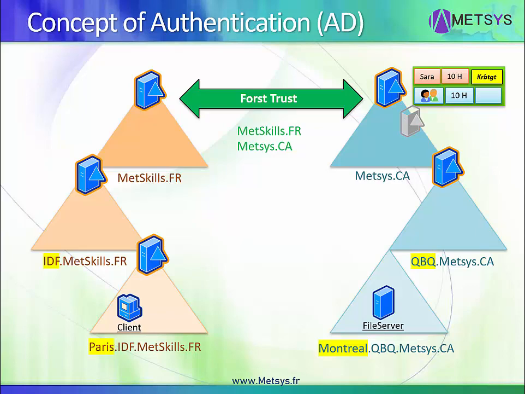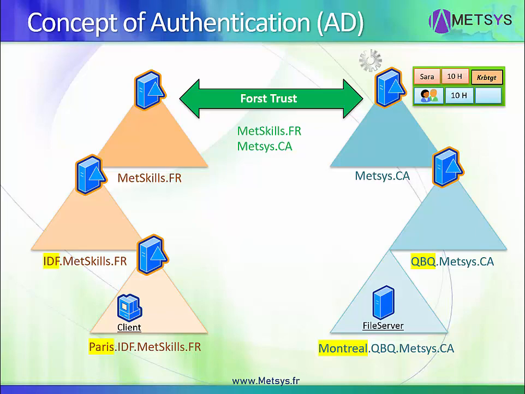Once it is done, it knows that it must travel through the trust path. So the next hop is going to be kbk.medsys.ca. Having said that, the SPN will be replaced in order to have a referral to the next hop, to the next child.